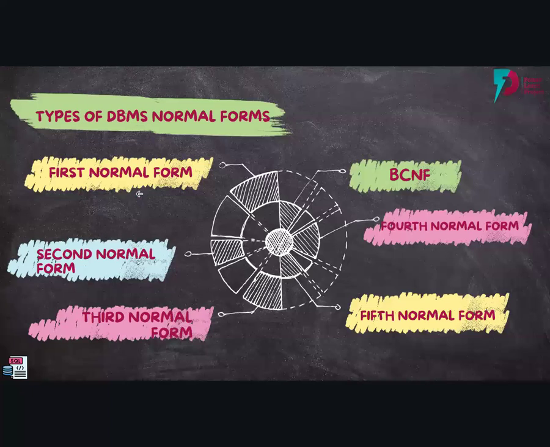Now, so what happens actually in the first normal form? This normalization level ensures that each column in your data contains only atomic values, okay? So what do I mean by this? That a column cannot contain multiple values. So it has to have, okay, a single value for each row.